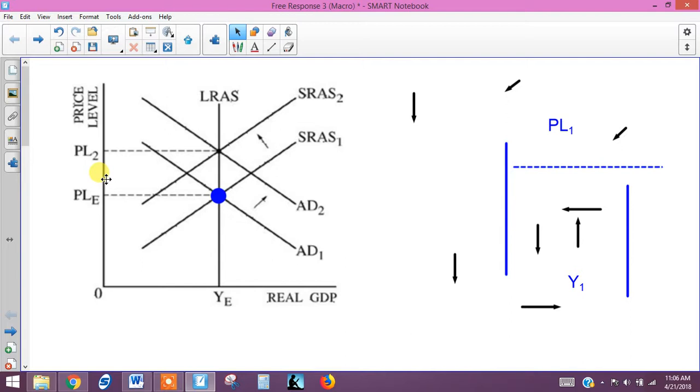And if this inflation is caused by a shift in the aggregate demand, we call that demand pull inflation.